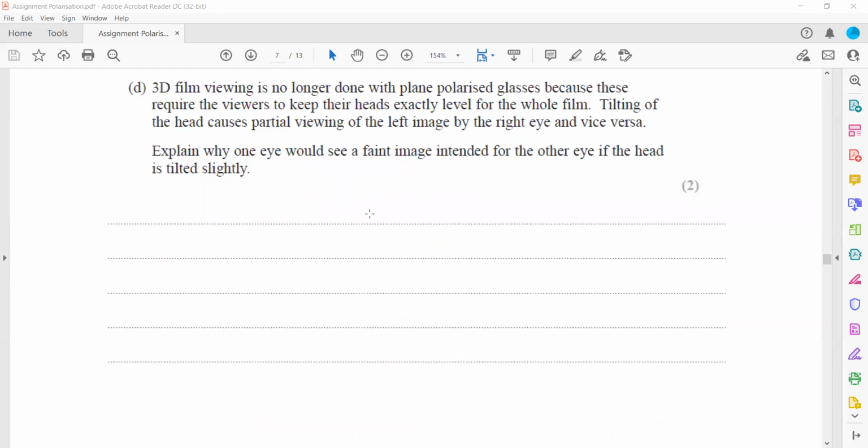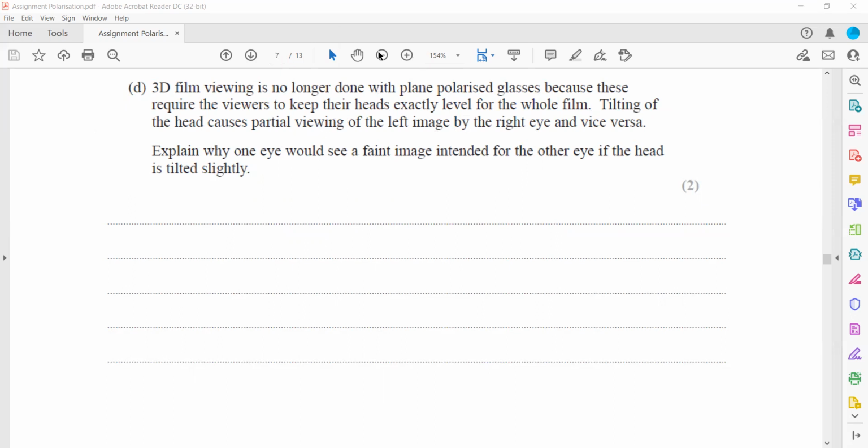The 3D viewing is no longer done with plain polarized glasses, because these require a viewer to keep their heads exactly level for the whole film. Tilt of the head causes a partial viewing of the left image by the right, and vice versa. Explain why one eye would see a faint image intended for the other if the head is slightly tilted.